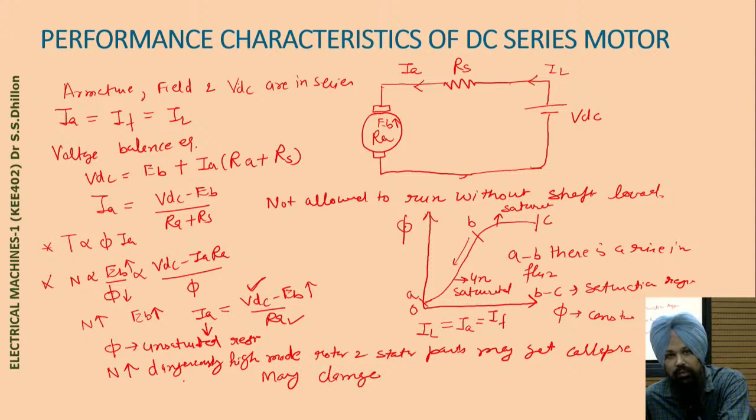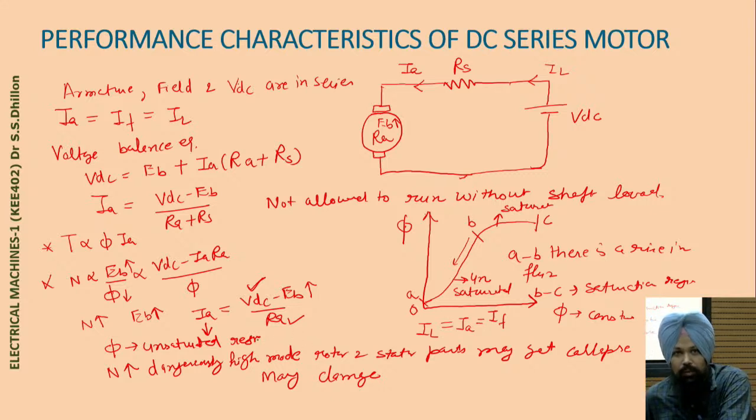To avoid such a critical condition, we have to put some load on the shaft of the DC series motor. This is the necessary precaution to be taken before starting the DC series motor. It must have some load on the shaft, connected to some drive as a load.